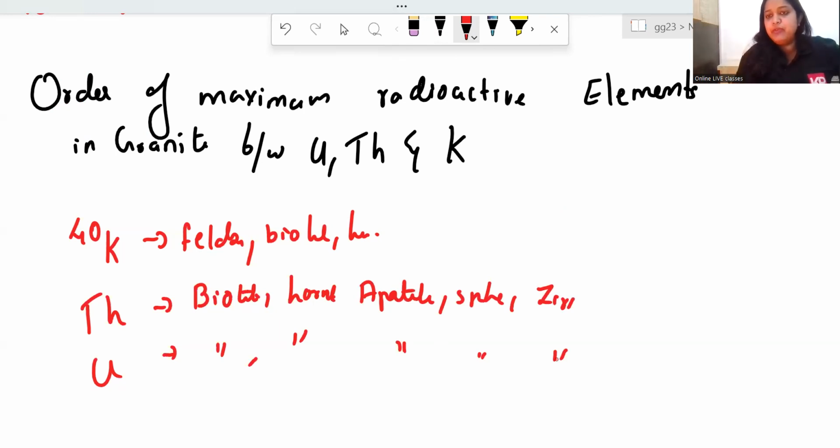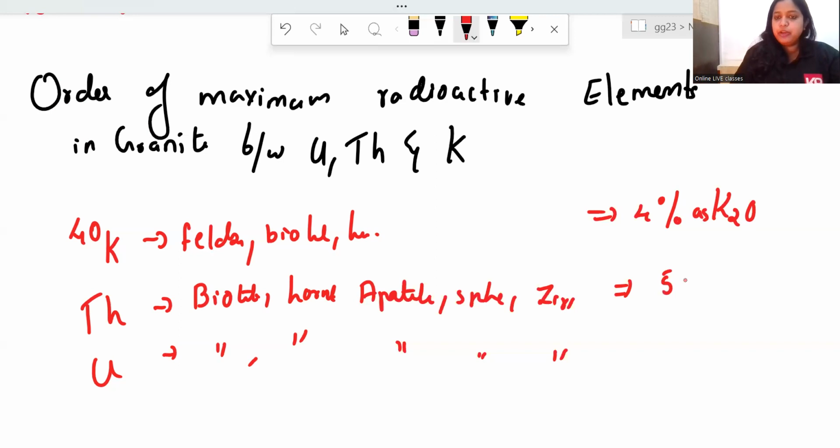But still, when you compare with feldspar, feldspar is higher in content. Almost 4% K2O consists of 40K. This is the concentration of 40K in granite.